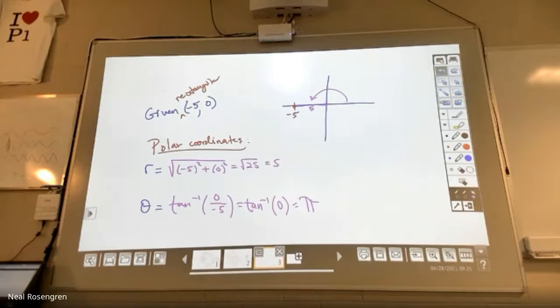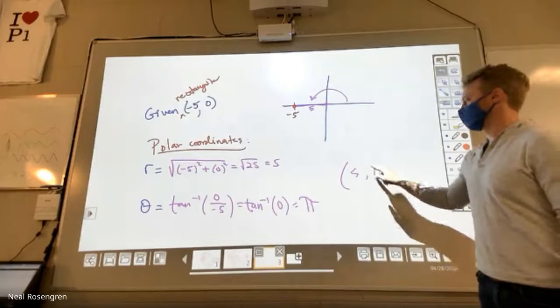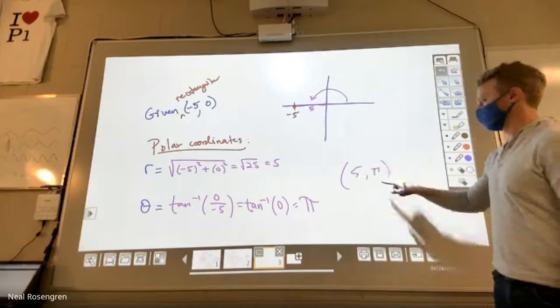If you're going to leave your calculator in degrees because you don't want to get 2 pi over 3 as an answer in decimals, you can stick with degrees. Oh cool, 2 pi over 3, nice, 120 degrees, and then make the switch. But polar coordinates are in radians. 5, pi.